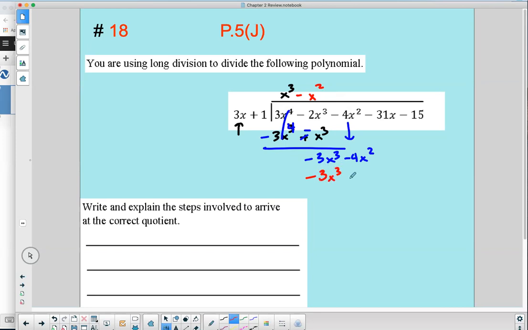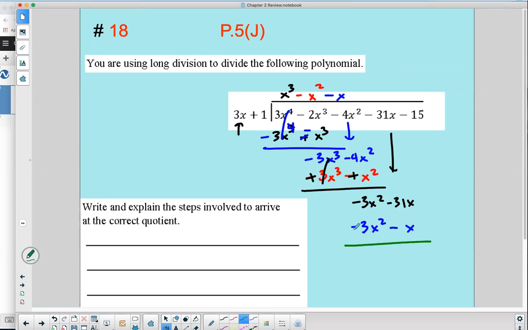Here it is, x cubed minus x squared. So here, so I don't forget, it's switch the signs.